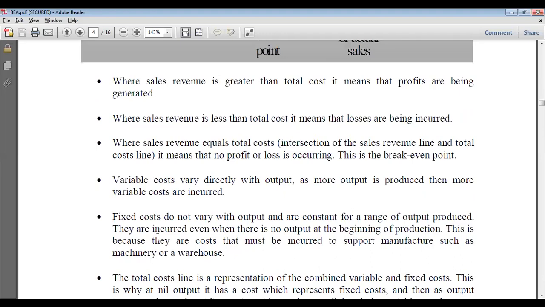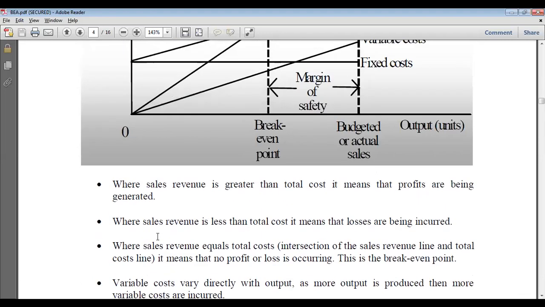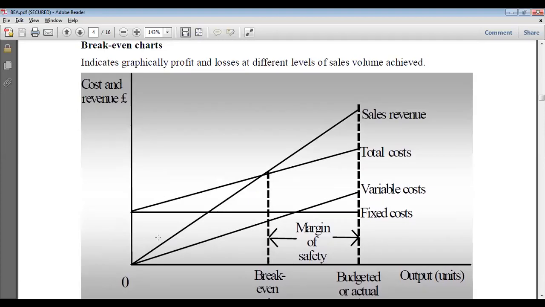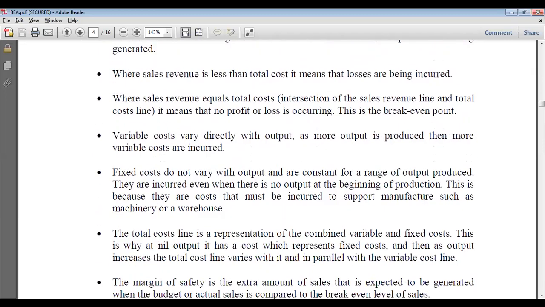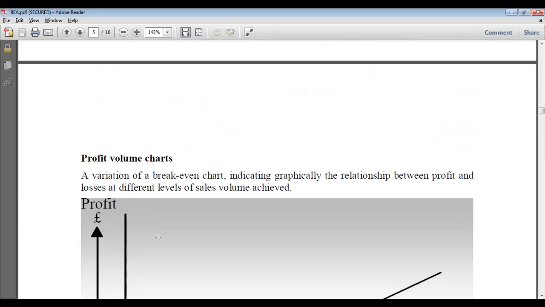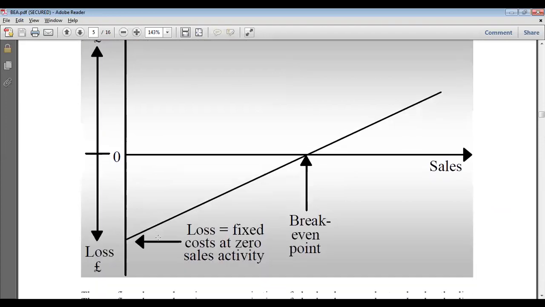This has explained all the aspects. Where sales revenue is greater than the total cost, it means that profits are being generated. Where sales revenue is less than total cost, it means that losses are being incurred. So these are the points that I was discussing while explaining the break-even chart. You can go through this, and this is the depiction of the break-even point and losses suffered.